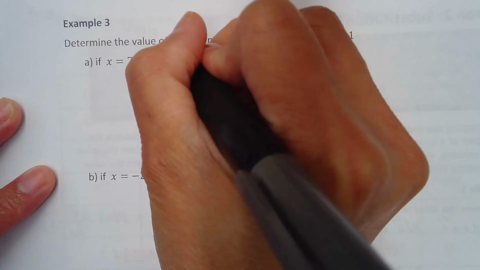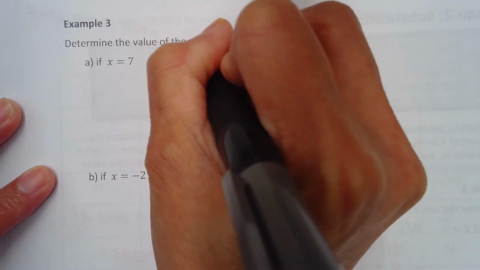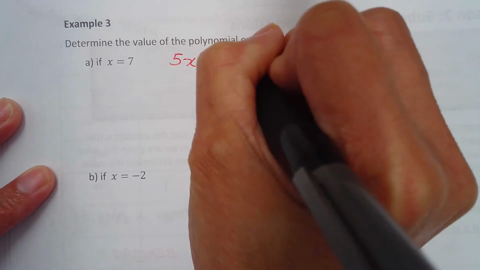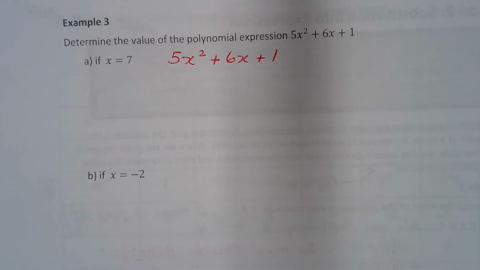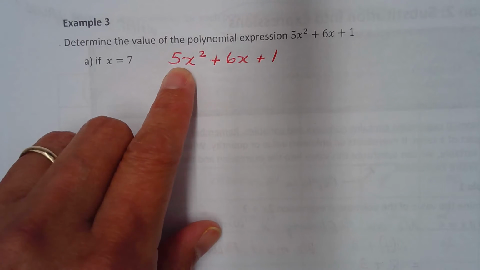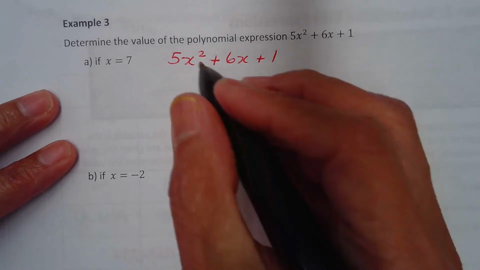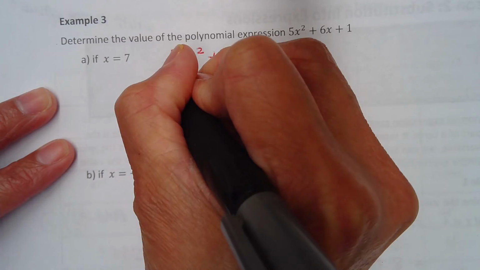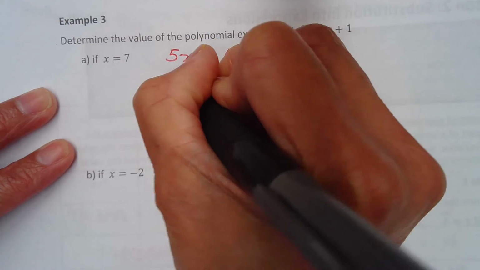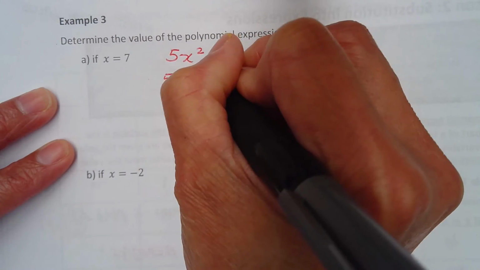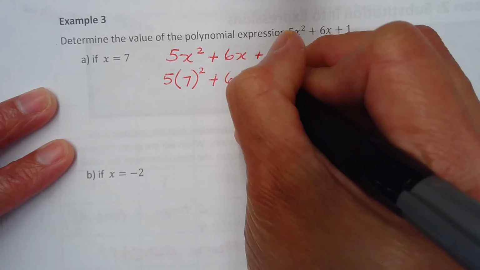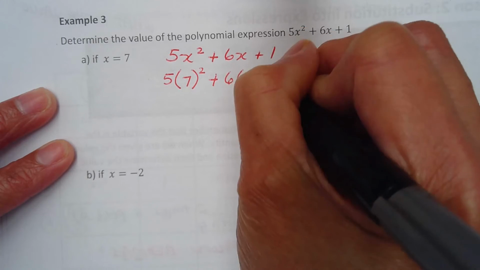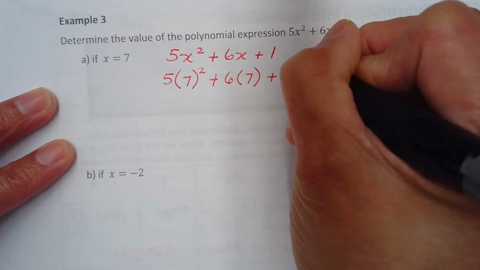I like writing it down first: 5x squared plus 6x plus 1. Remember, there's a times here and a times there. So 5 brackets 7 squared plus 6 brackets 7 plus 1.